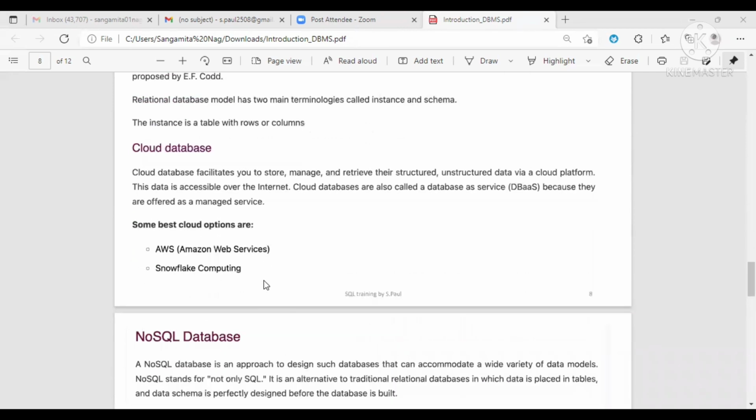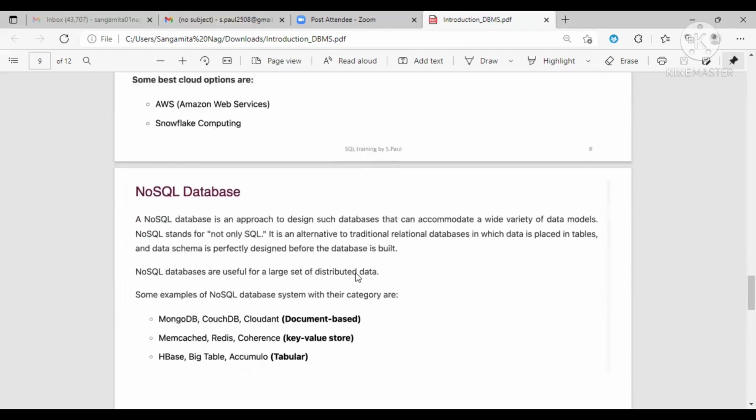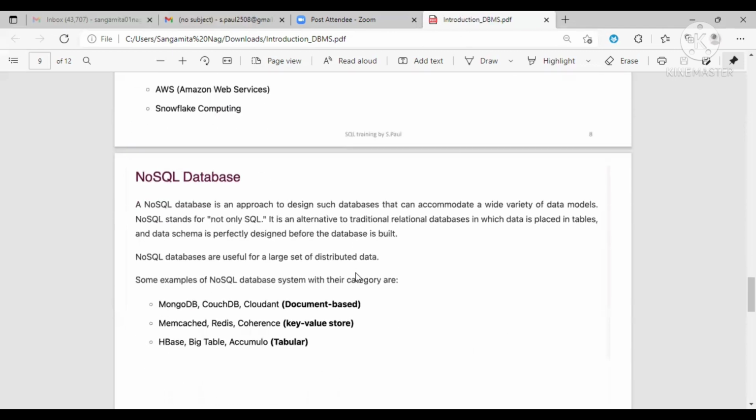And then we have cloud database, wherein the infrastructure cost has been reduced, so we can process structured and unstructured data on the cloud platform, and data is readily accessible over the internet, and companies are adopting cloud databases because they are saving a lot of infrastructure cost, right? And then NoSQL databases, which are slowly getting adopted by different companies to process unstructured data.